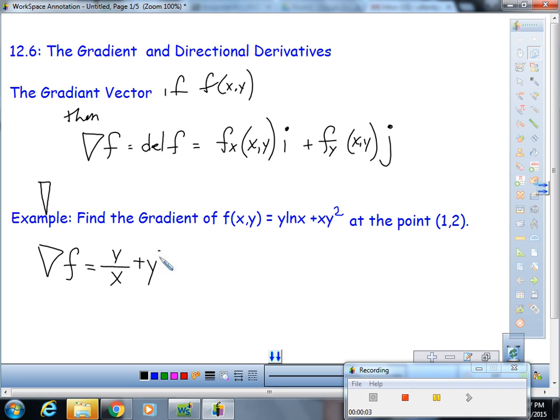Plus y squared. Did I get the partial derivative with respect to x right? Okay, and then plus ln of x, plus 2xy in the j direction, right?